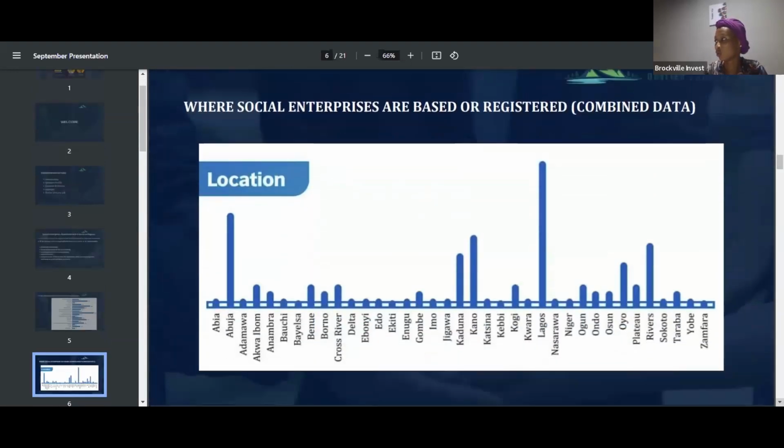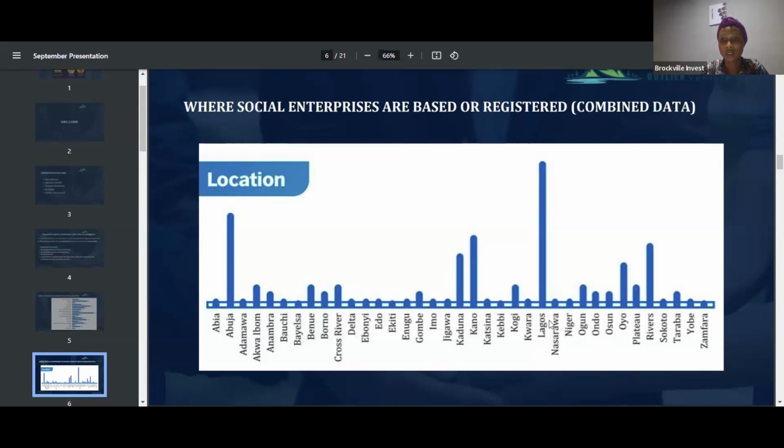Also, I have here the survey of each state within Nigeria, showing how social enterprise has grown over time from around 1980 down to early 2021.